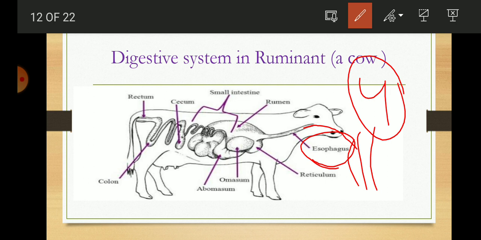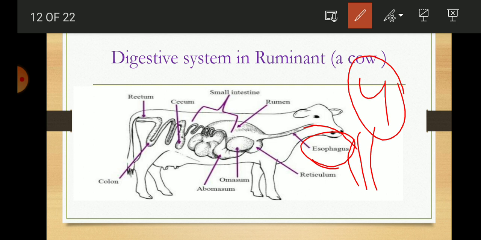In the stomach of the cow there are four rooms, and all these chambers have different functions. This is a special thing about ruminants.